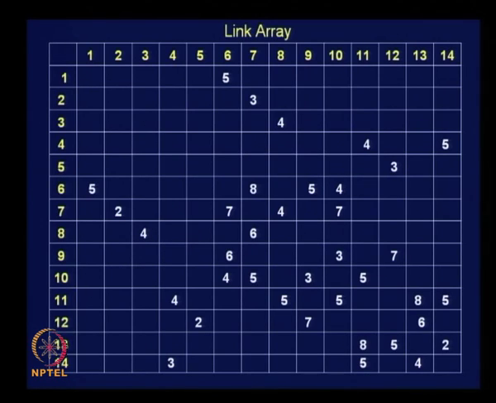Now go back to the link array. We have to proceed from 7, 9 and 10. Look at the connectivities to these nodes. 7 is connected to 2, of course apart from 6, we have already seen, 6 to 7 we have come. The new connectivities are 7 to 2, 7 to 8 and 7 to 10.